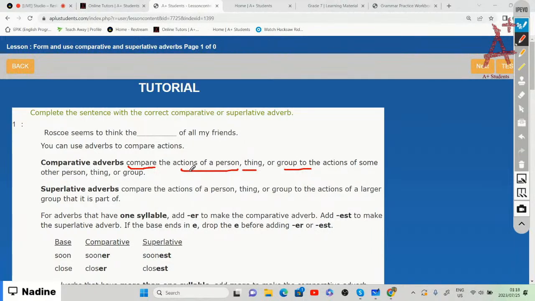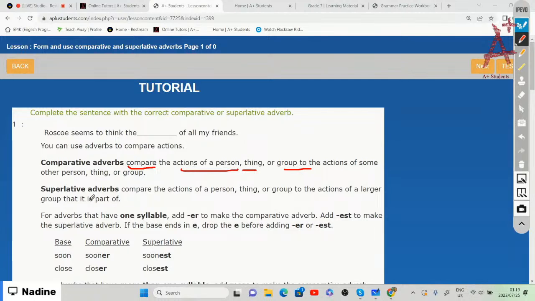Which means that we are comparing it to one person, or one thing, or one group. So these comparative adverbs are a comparison between two people, right?